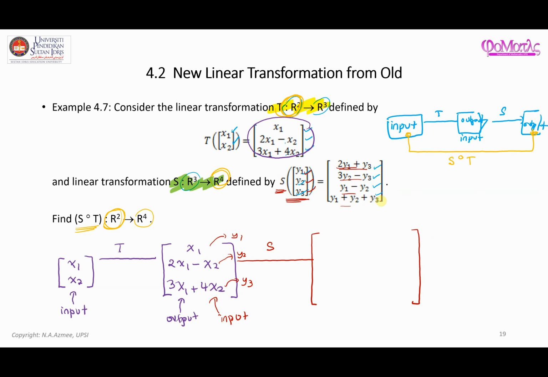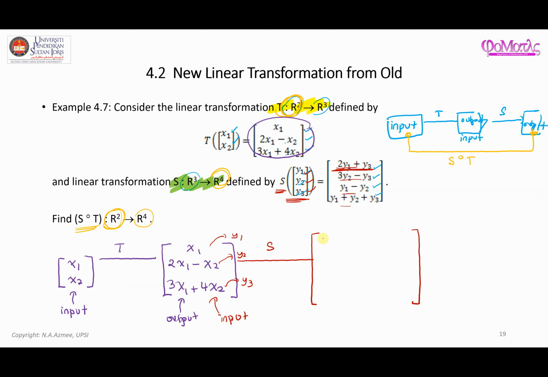This is the rule given by the transformation S. It says for the first component, you have to consider 2y1 plus y3. So what is y1? y1 is this one, and y3 is this one.